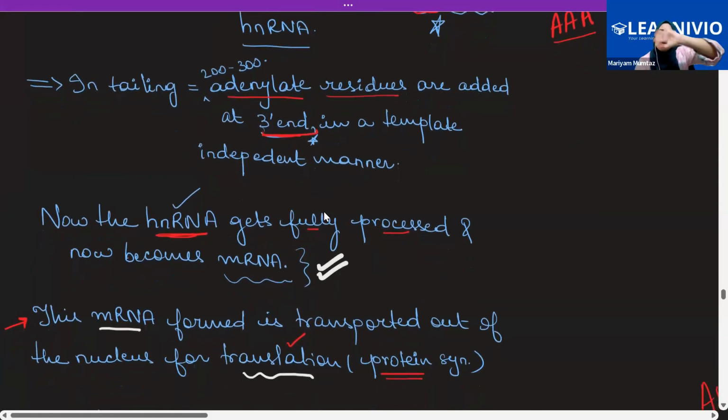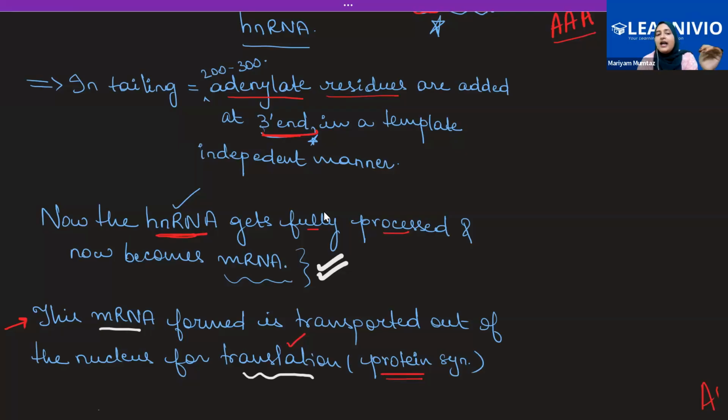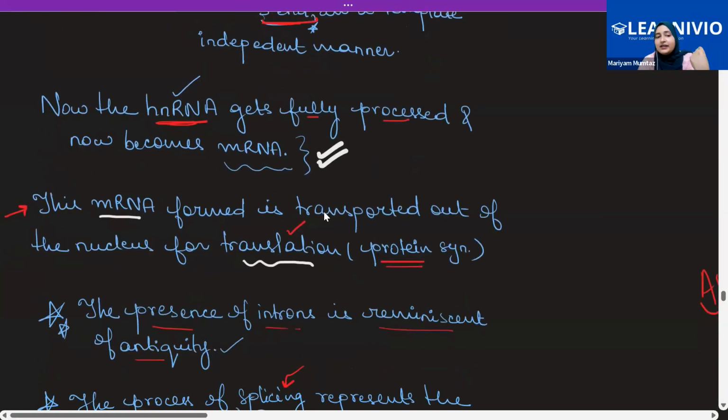After all of these modifications are done, the hnRNA is fully processed, fully modified, and now it is called the mRNA.